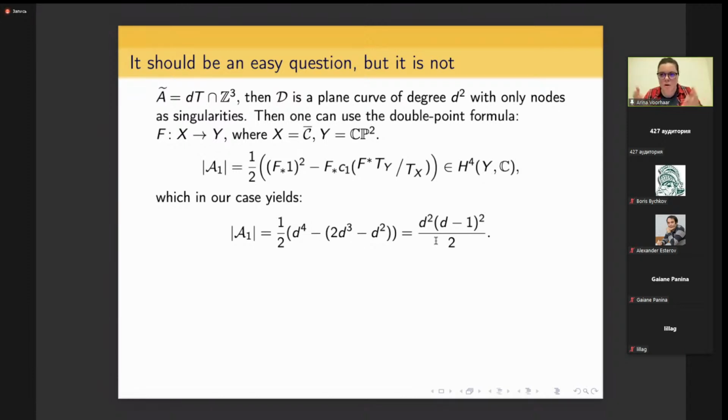You might think, especially, of course, this is addressed to more specialists than just the rest of the audience, that nothing stops us from doing a similar thing in other cases.